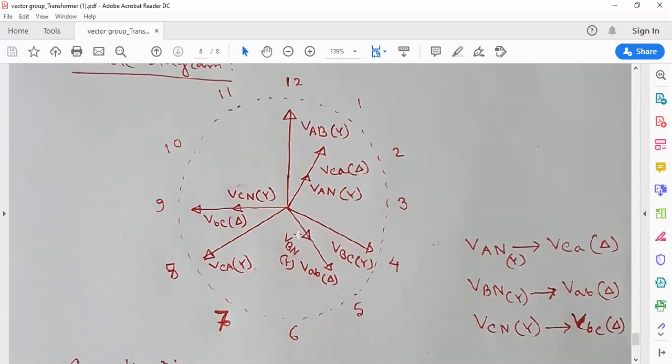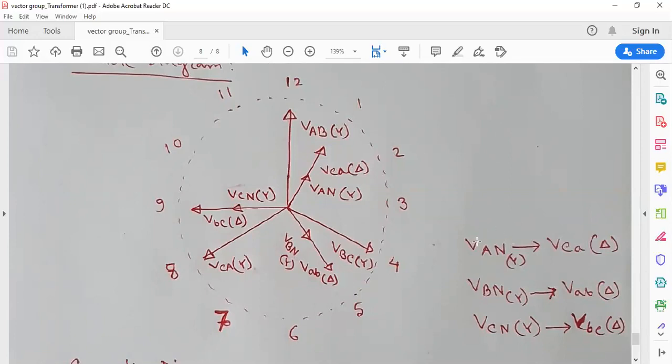VBN, 5 plus 4 equals 9. VCN. This is the complete diagram. Here I have indicated for which voltage of Y connection the voltage of delta connection is induced.